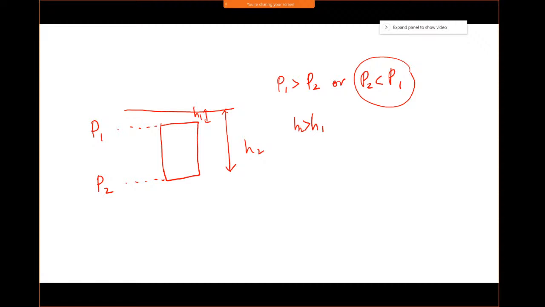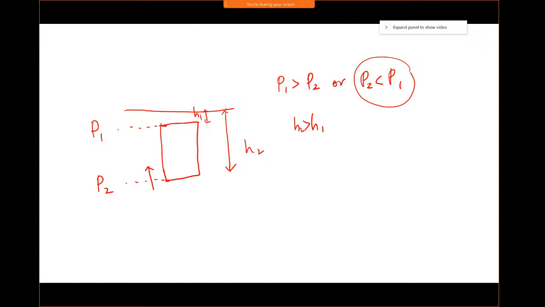Let's say on these two sides, if P2 is larger than P1, where will be the direction of the force that you feel? It will definitely be from P2 going to P1, right? So this is actually because of the difference in pressure. Because of the difference in pressure, there is a force being exerted.